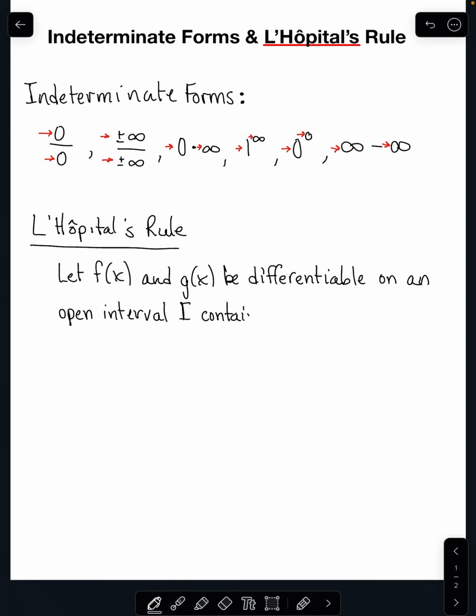containing a target value. That target value is where, if we took the limit as x approaches it, we would result in an indeterminate form. Now, in some cases here, specifically the 0 over 0, we need to avoid having a 0 in the denominator.